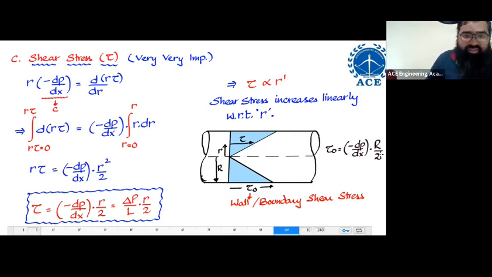So this slide is very important. Over here, you have to memorize this particular formula. This is regarding the concept of shear stress in the case of every internal flow through pipe.